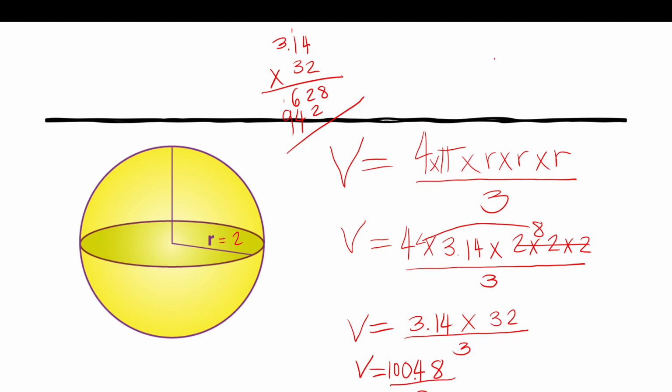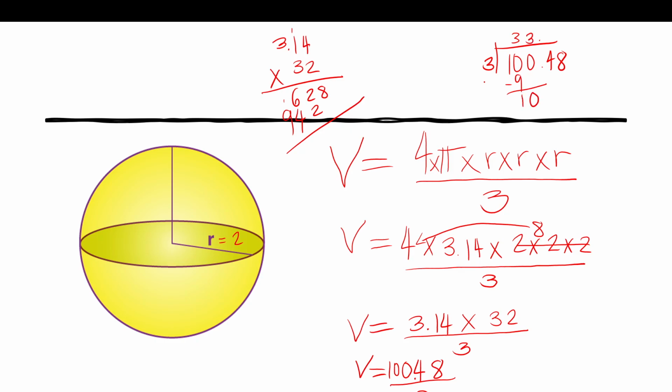So, hindi pa tayo tapos. Magdi-divide naman tayo ngayon. So, 100.48 divided by 3. So, ilang 3 meron sa 10? Tatlo. So, iyon ay siyam. 10 minus 9 is 1. Bring down 0.